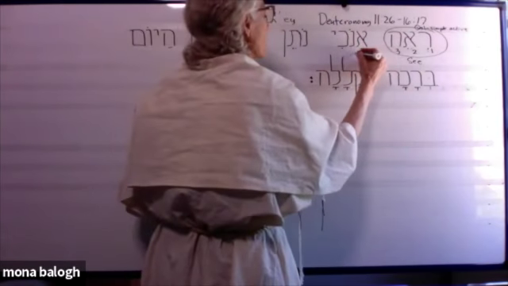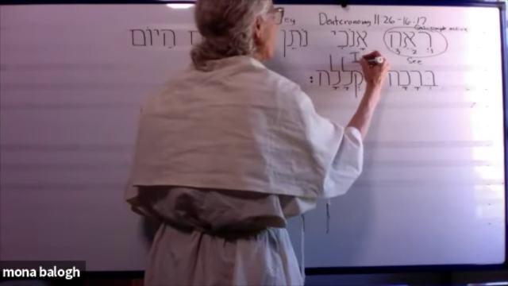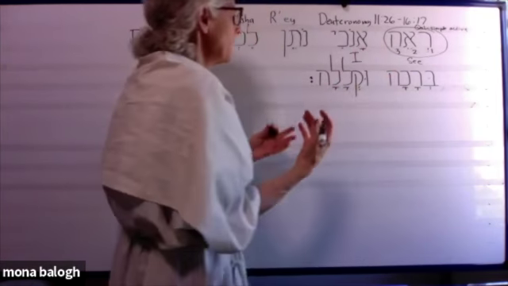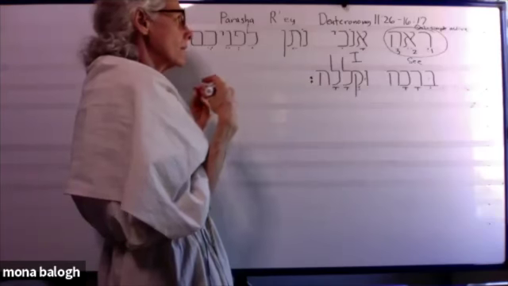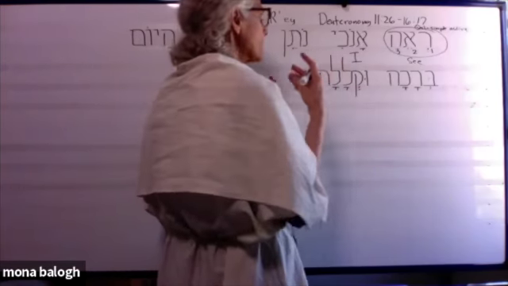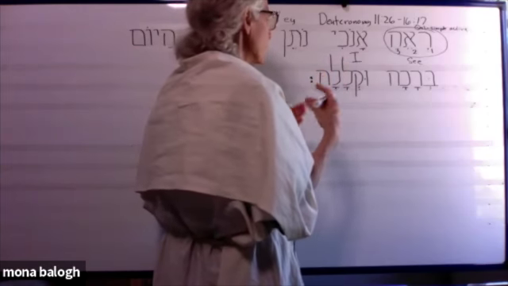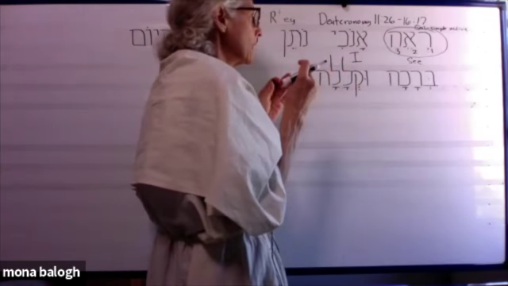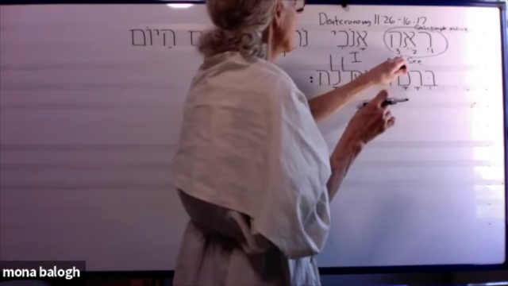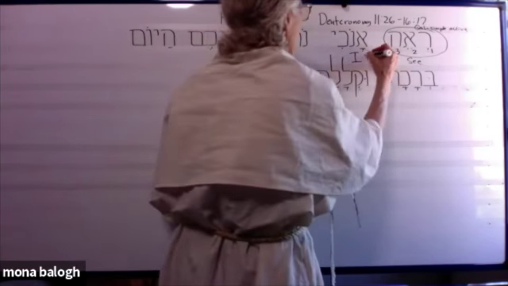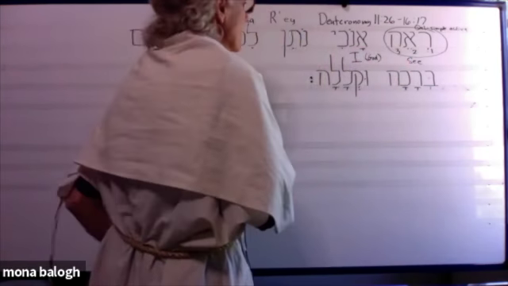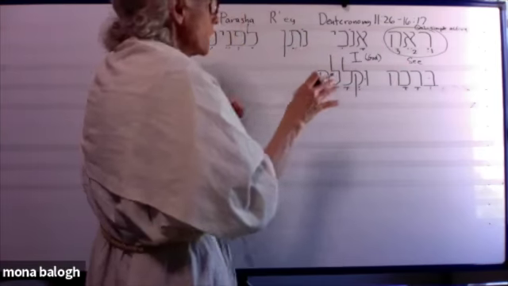Anochi is the royal I. And this is Moses speaking. But Moses is also speaking as the mouthpiece of God. So it could be not just Moses speaking in the royal I, he's quoting God. Okay. So let's say that Moses is quoting God. See, I, God, notain. And it actually makes more sense if you see it as Moses quoting God.